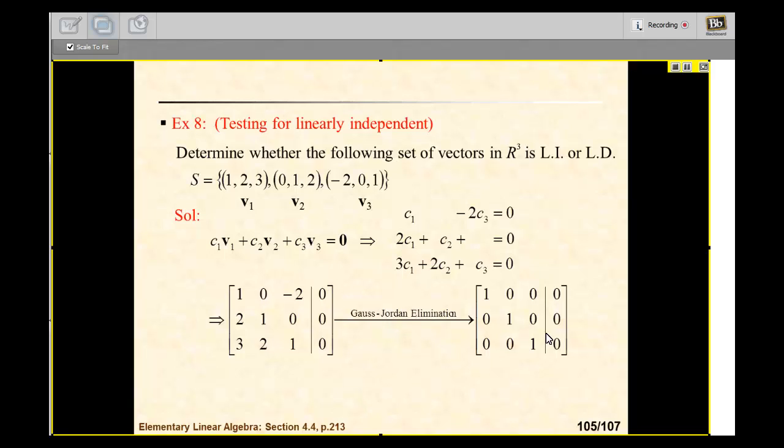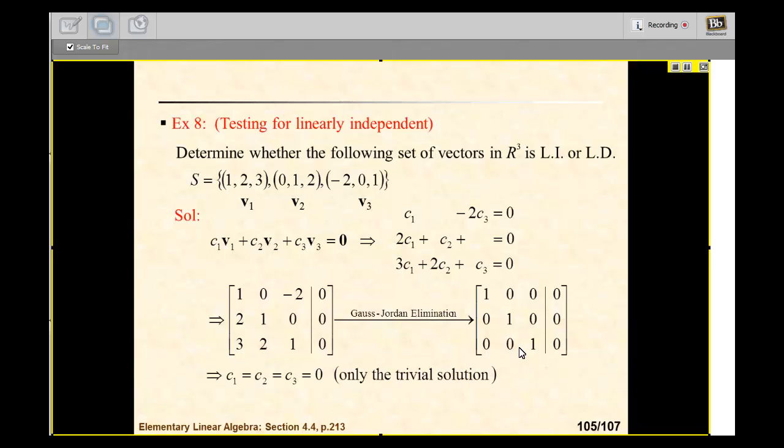Tell me, what is the solution of this? We have x equal to 0, y equal to 0, z equal to 0.